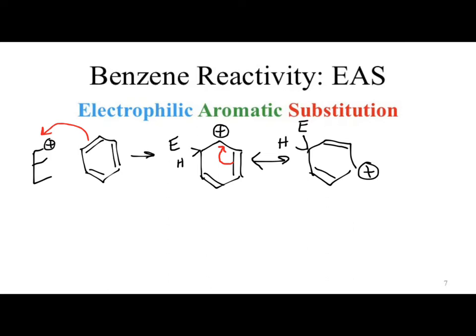So what's it do? It's going to try and find more electrons. Where are the most accessible electrons? Again, the pi bond. Okay?